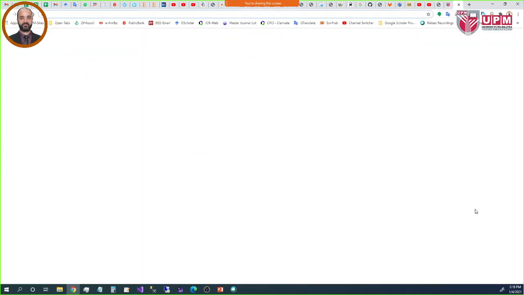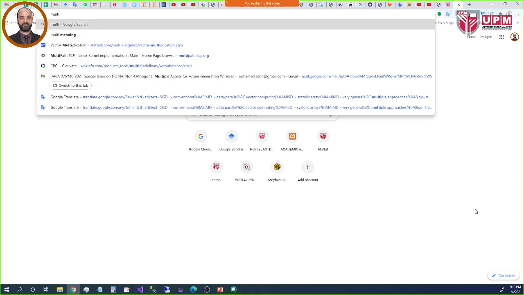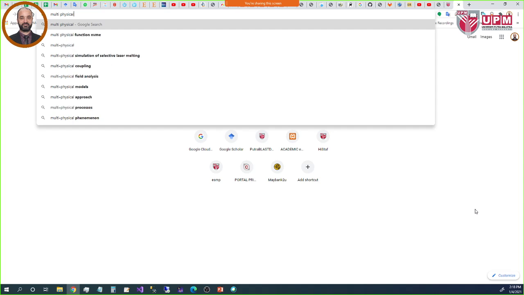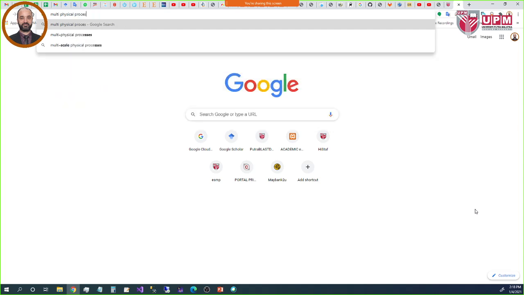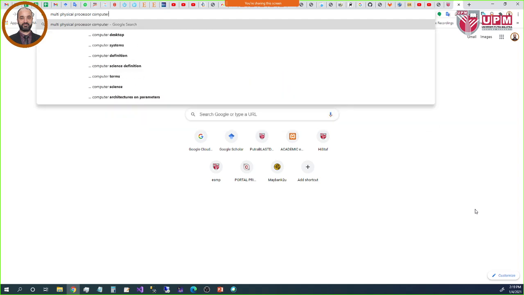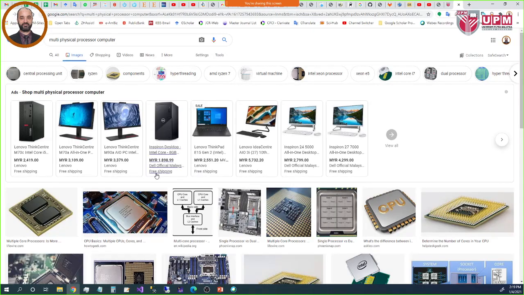So let's see if we can find some pictures of a multi-physical processor computer. I hope we can find some pictures to show you.